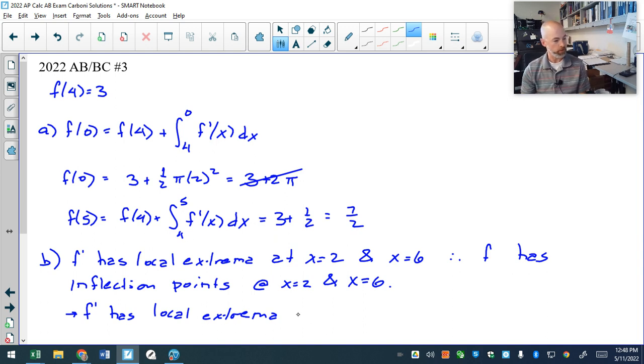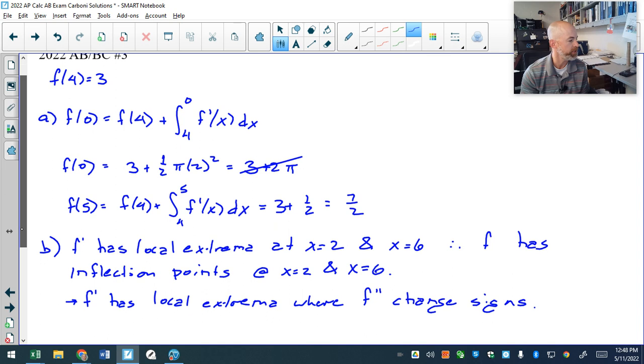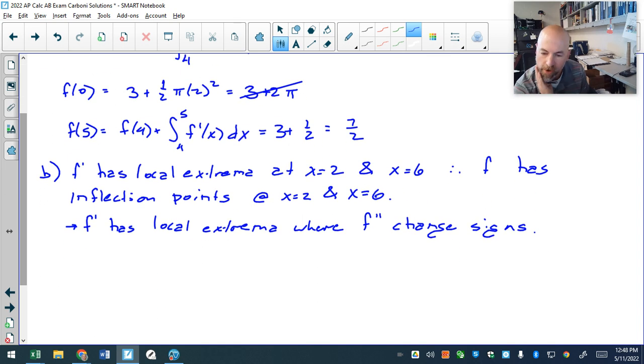So F prime has local extrema where F double prime would change signs, which is your definition of an inflection point. So I'm just adding that second little piece because when I think inflection points, I really like thinking second derivative changes signs. But it is also true that if your first derivative has a local extrema, that is the location of an inflection point. Let's go on to part C.